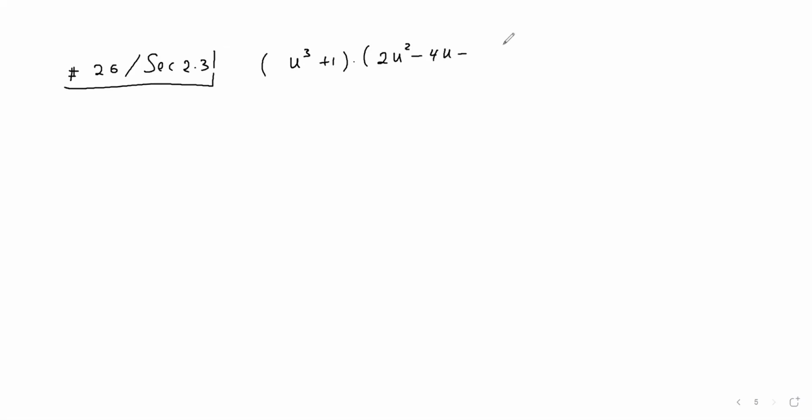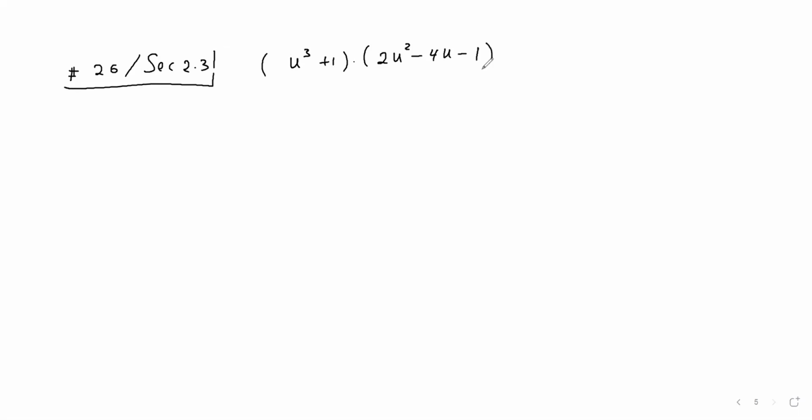Let me give myself another page here. So number 26 of section 2.3. I'll leave 25 for you to do at home. You also have an answer for that. It's a homework problem. This one is a homework problem as well. u cubed plus 1 times 2u squared minus 4u minus 1.